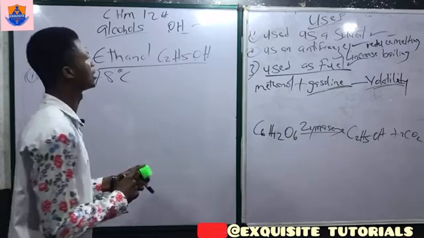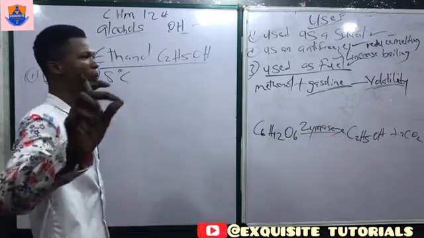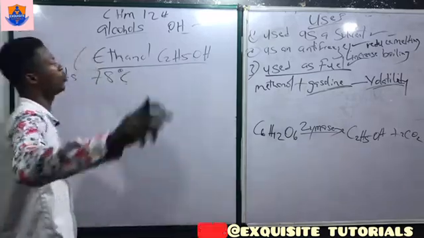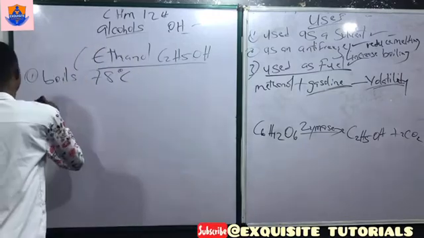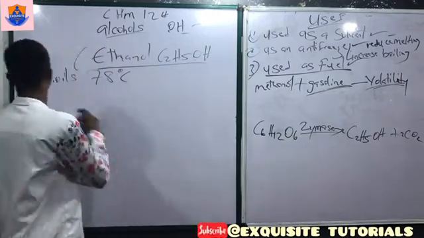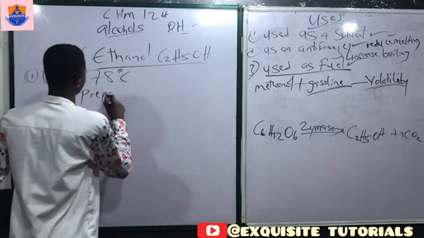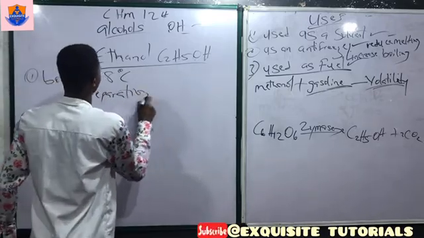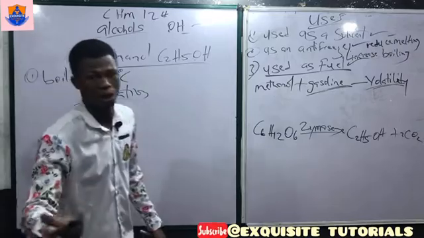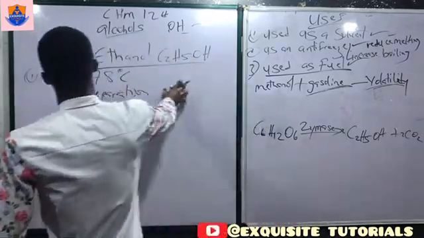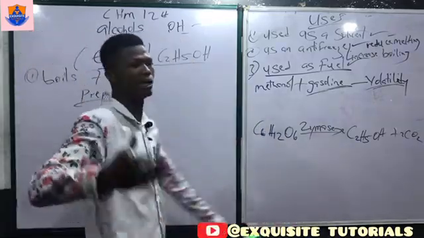Now let's talk about preparation of ethanol. One major way of preparing ethanol is your fermentation reaction. Now we'll talk about fermentation when we are talking about synthesis of alcohols.